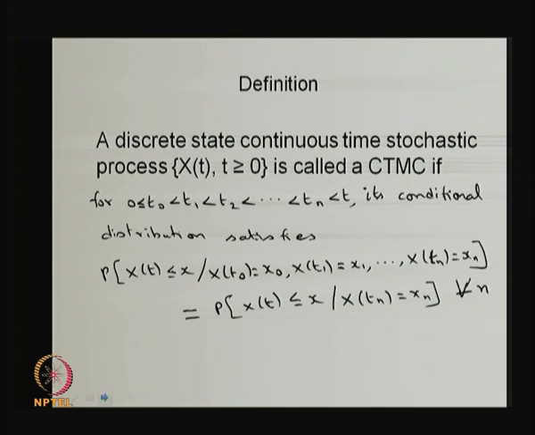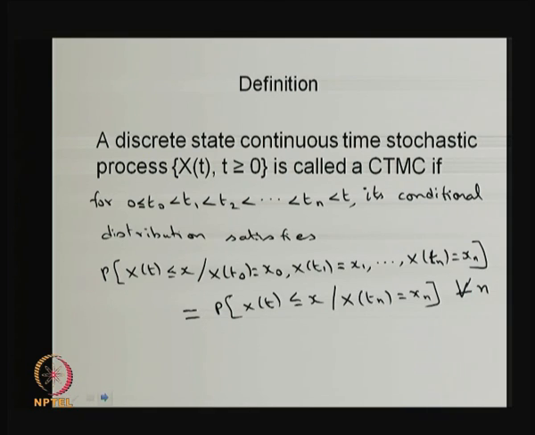If you take n plus 1 arbitrary time points, t0 to tn, t0 can be 0 also, with the inequality t0 less than t1 less than t2 and so on up to tn, and you take any arbitrary t with tn less than t.